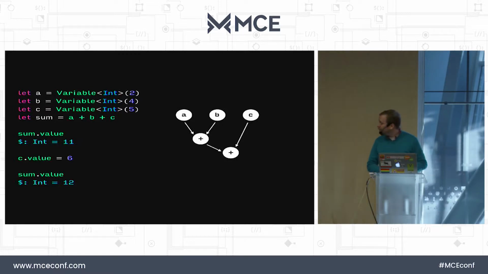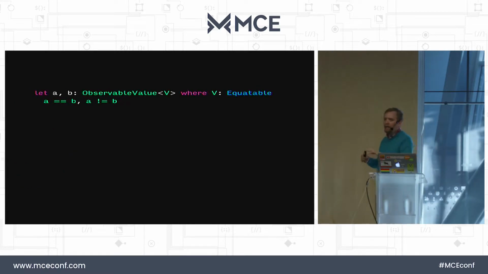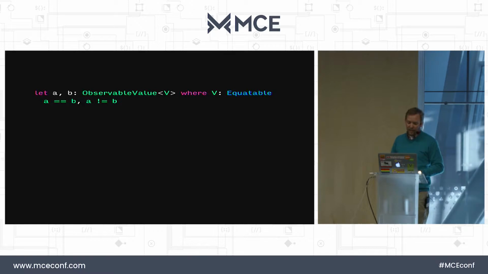All right? Interesting. Now we can take this idea and apply it to every single operation we ever use on simple values. For example, if you have two equatable values, you can use the equality operators on them, so we can let this equality operator work on observables too. It won't return a Boolean anymore, it will return an observable Boolean, which we can use to construct even more expressions out of it.